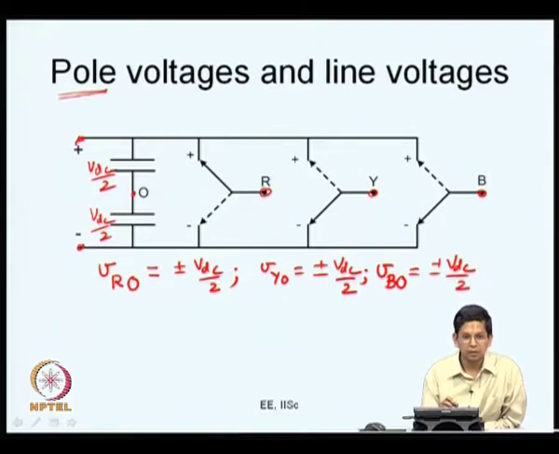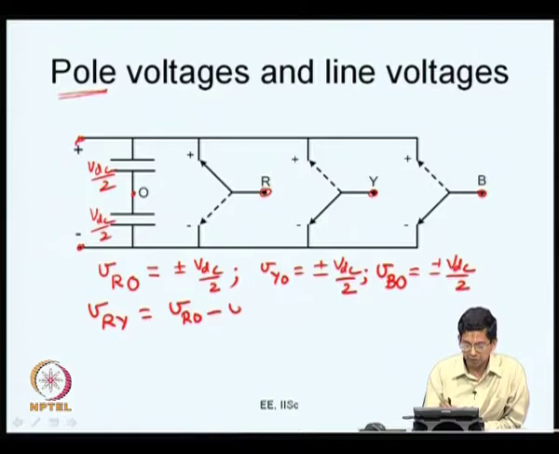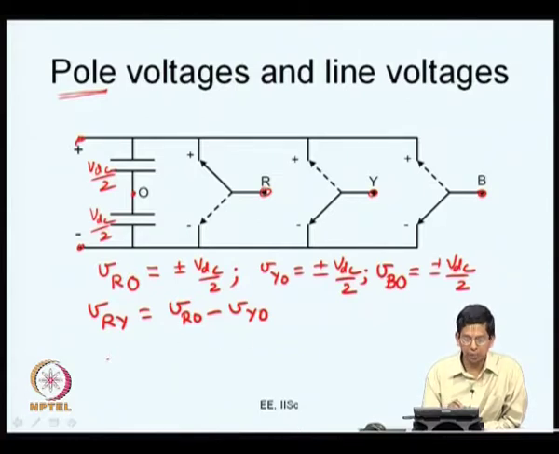So, these are pole voltages. Now, what are line voltages? Take VRY. VRY is essentially VRO minus VYO. Similarly, VYB is VYO minus VBO, and VBR is VBO minus VRO. You can write these similarly.